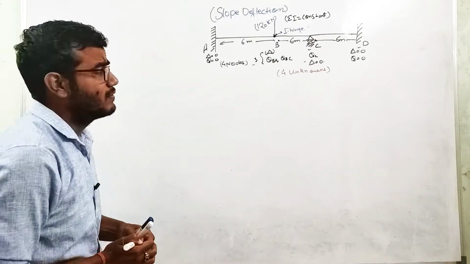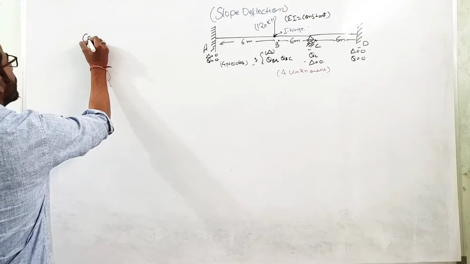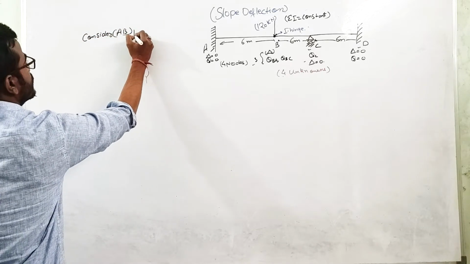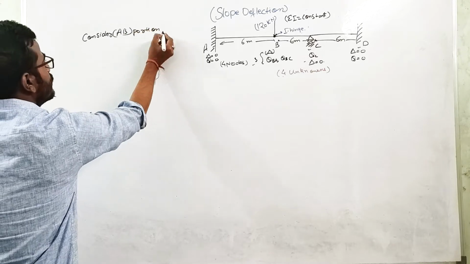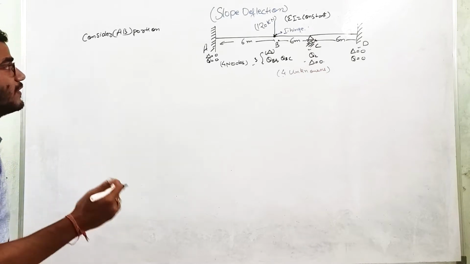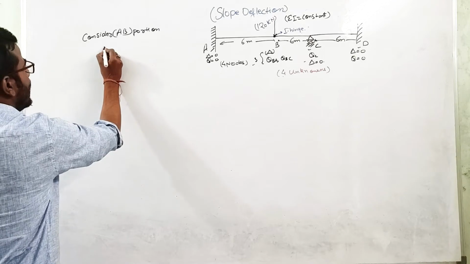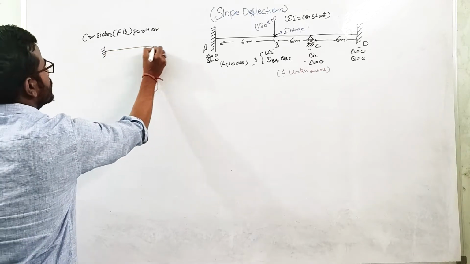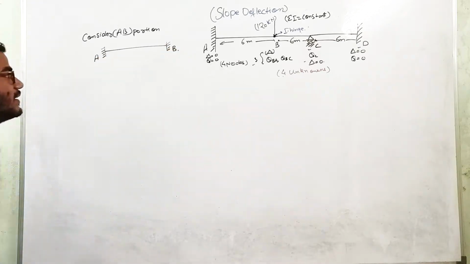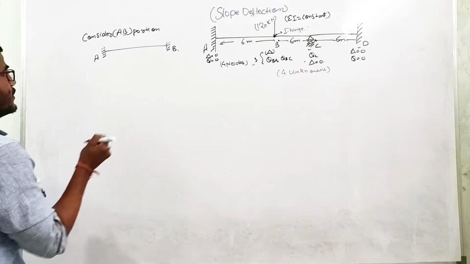Now let us come to slope deflection. Consider portion AB. In slope deflection, I am considering each member as fixed. That means if I am considering portion AB, I am assuming that this portion is fixed. If this is A and this is B, let us write the slope deflection equation for portion AB.